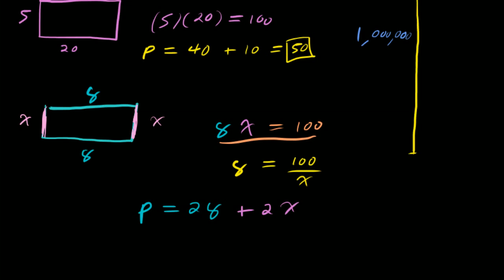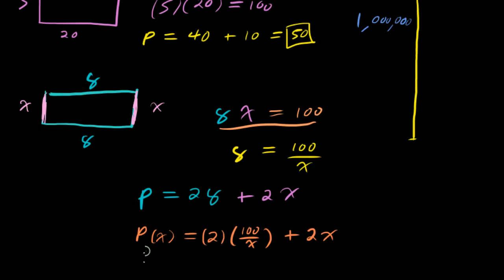So now, we've got P, and we can even call this P of X, is going to be 2 times 100 over X plus 2X.